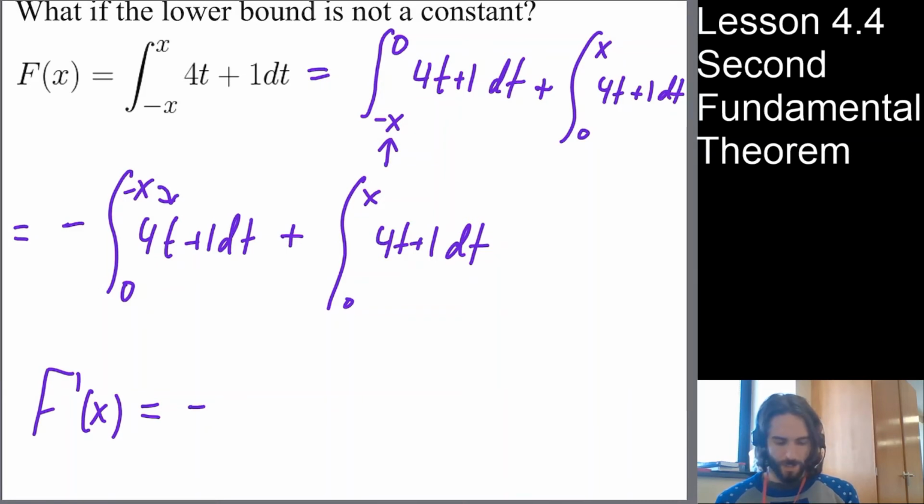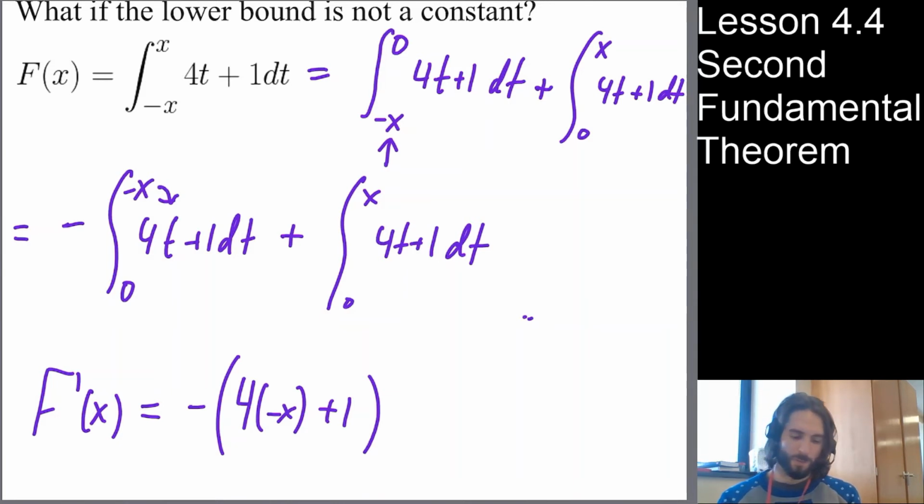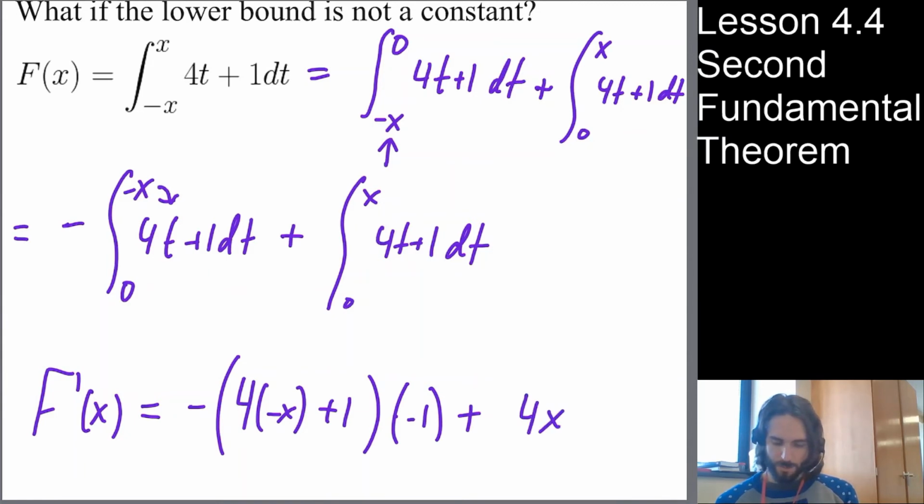So I have negative 4 times negative x plus 1. Now here, since this is not just x, I need to multiply by the derivative of negative x. So I'm going to do times negative 1. And then plus 4x plus 1.